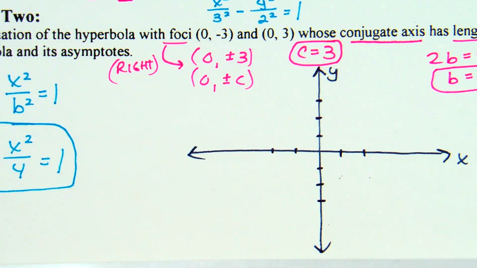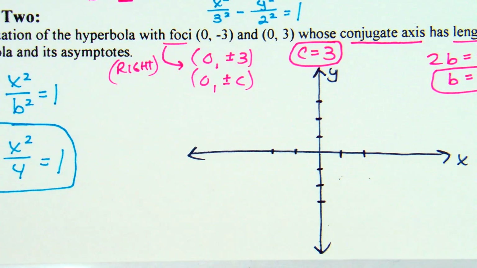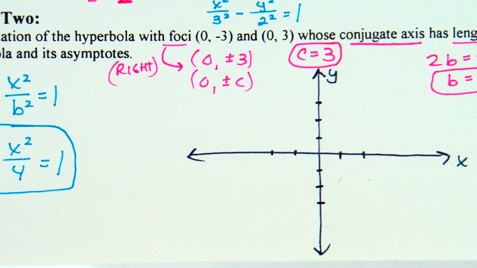Now, in this case, A is that square root of 5, or 2.23. And if you look up in the picture, A represents the what? That is going to be my vertices. A is also, if you look over your equation, A is under what variable? A is under the Y. So that means in the Y direction, we're going to count 2.23.